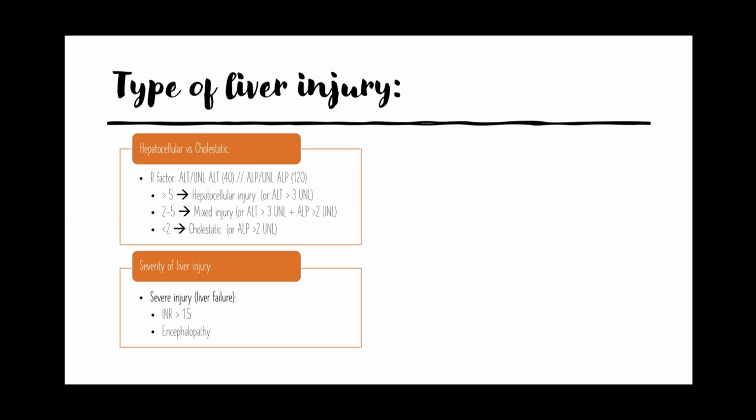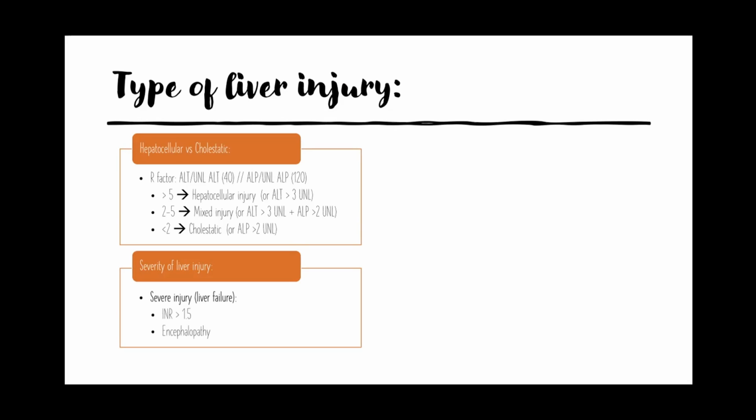If it's more than 5, it's most likely hepatocellular injury, usually with a prominent elevation in the ALT and AST. If it's between 2 and 5, there is mixed injury. If it's less than 2, it's cholestatic injury, and usually you will have ALK-FAS more than 2 times the upper normal limit.